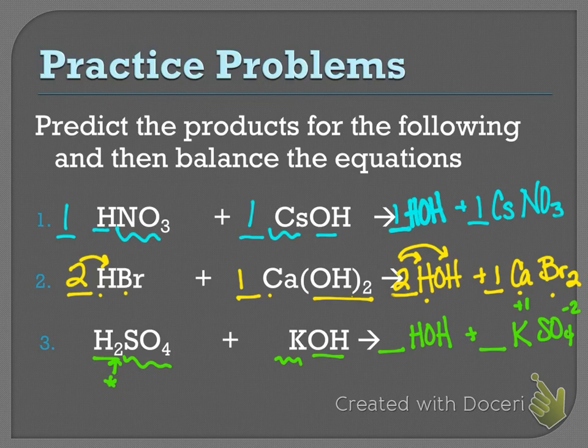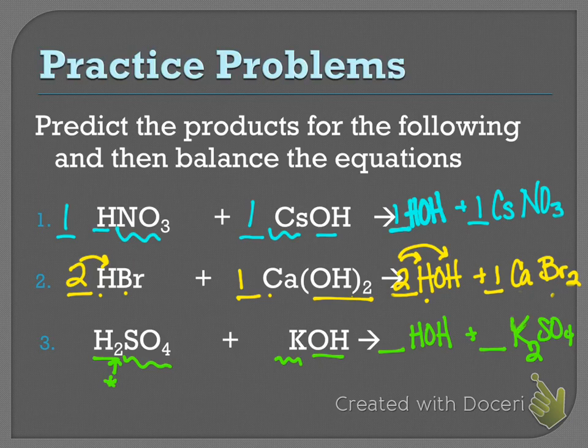So if potassium's +1 and sulfate's -2, you're going to need 2 of those positive +1 potassiums to balance out that 1 sulfate, because that sulfate has a charge of -2, right? It wants 2 electrons. So we're going to put a 2, so it'll be K2SO4 as the formula. And then you no longer need those little charges there.